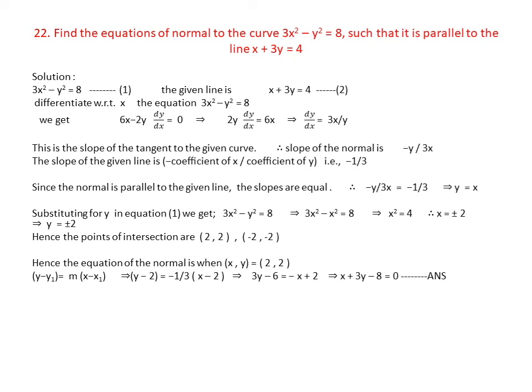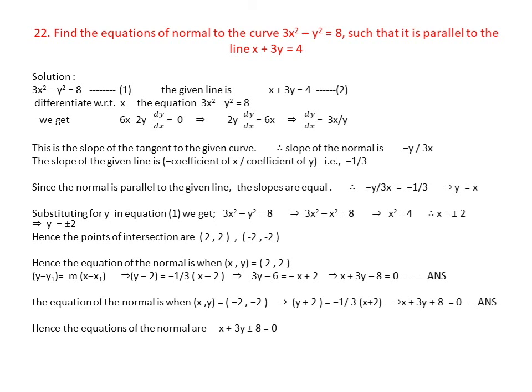So the first point which I am considering is (2, 2). So I get y minus 2 equals minus 1 by 3 times (x minus 2), which results finally in x plus 3y minus 8 equals 0. So I have been able to obtain the first equation of the normal at the point (2, 2).